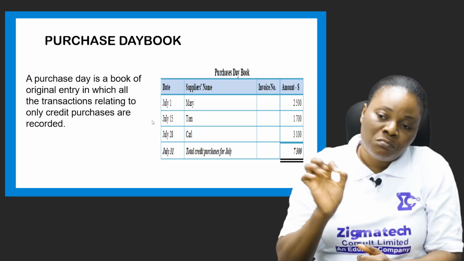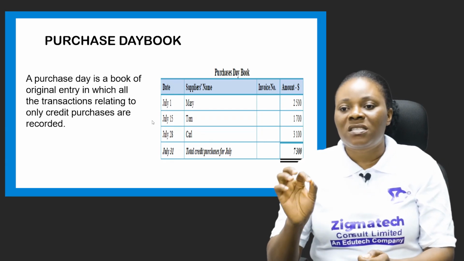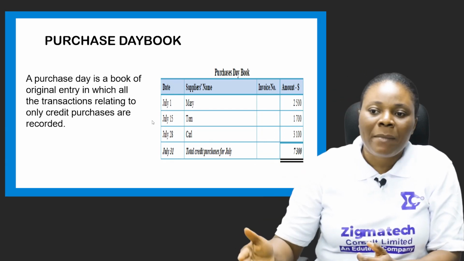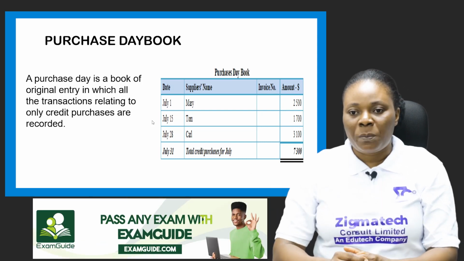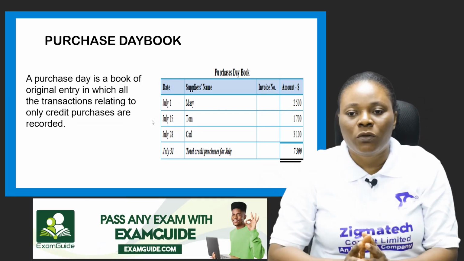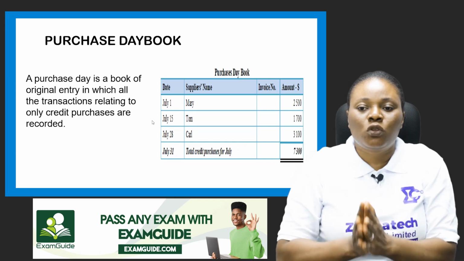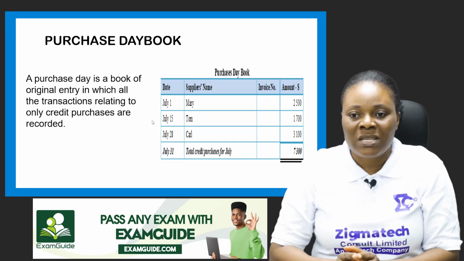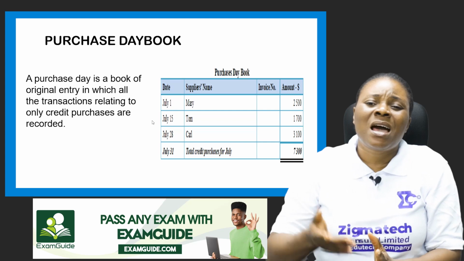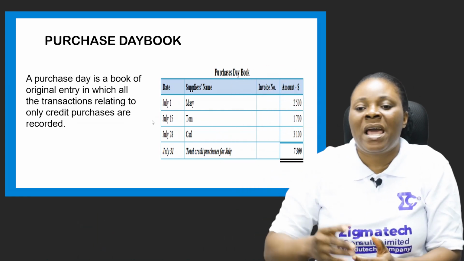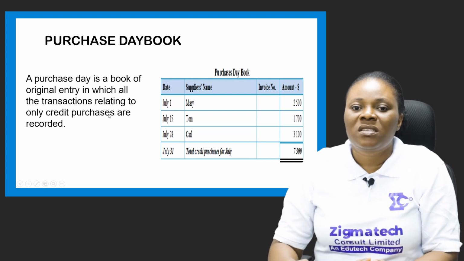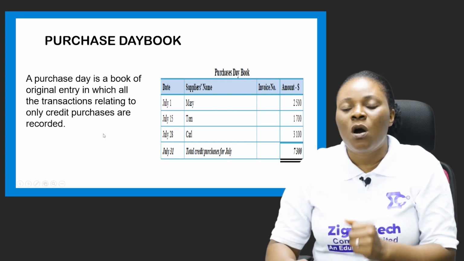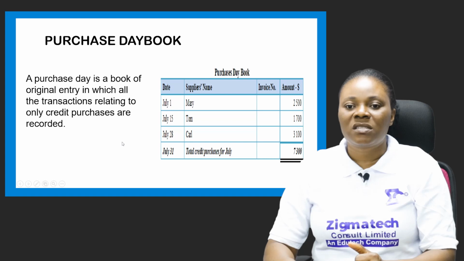So you put the invoice number, then the total amount on the invoice. That means the amount you are owing such a supplier. So that at the end of the month, you are able to know your total credit purchase. That means you're able to know the total amount of money you are owing suppliers that you need to pay. That is what the purchase daybook is used for, which we can also call the purchase journal.